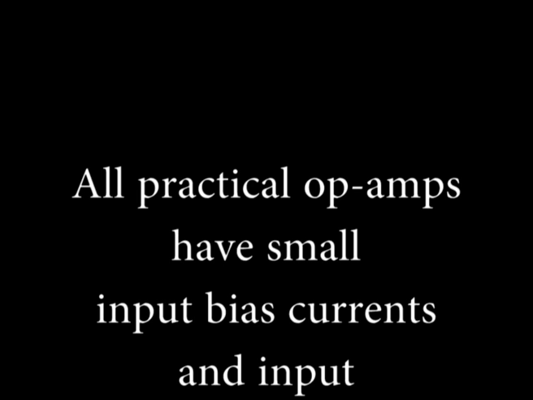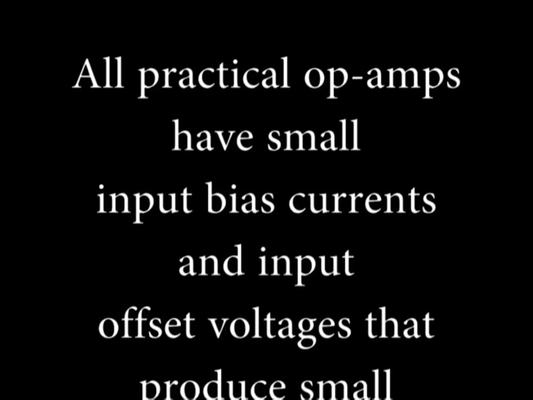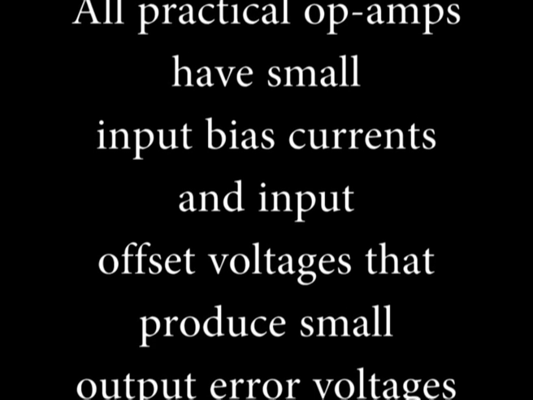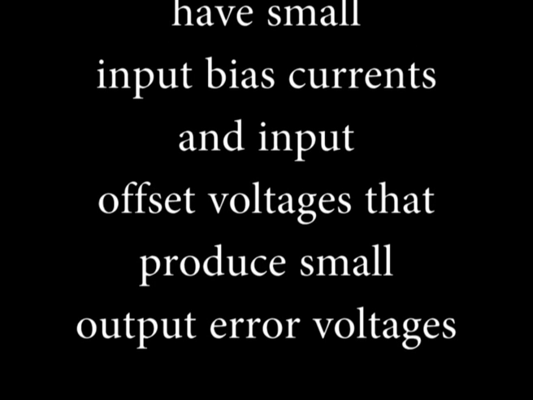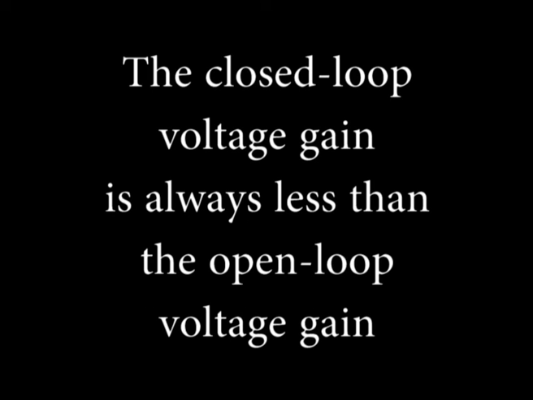So, here we come to the end of this lecture and therefore, we sum up. In this lecture, we learned that all practical op-amps have small input bias currents and input offset voltages that produce small output error voltages. The input bias current effect can be compensated for with external resistors. The closed loop voltage gain is always less than the open loop voltage gain.